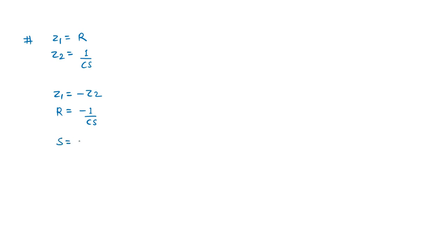So S equal to minus 1 upon RC is your zero location. So minus sign indicates zero location. Negative sign indicates left hand side zero, LHS zero.